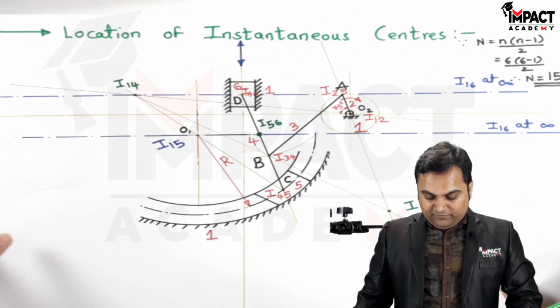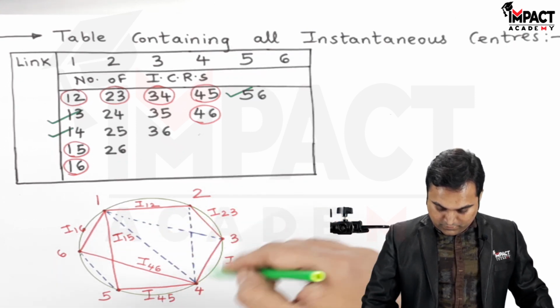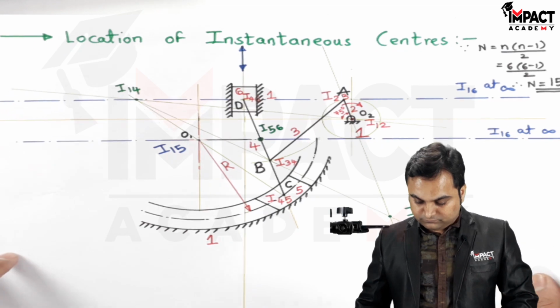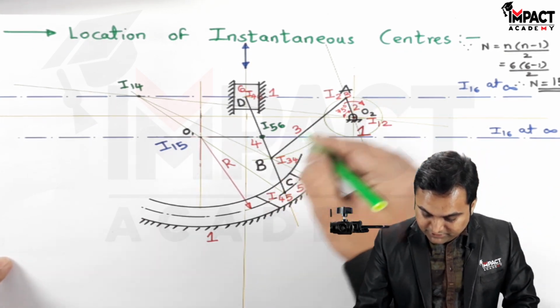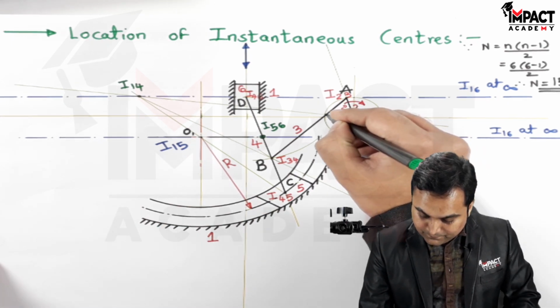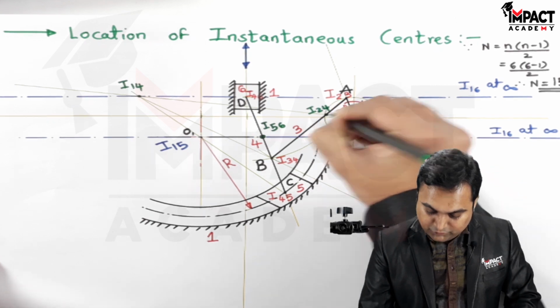Connecting 1 2 and 1 4, next 2 3 and 3 4. So 2 3 and 3 4 are already here on this connecting rod. Now their intersection point gives I24.